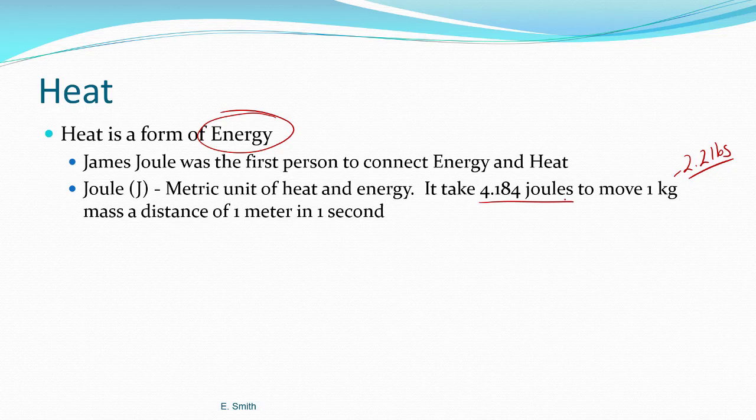So it takes 4.184 joules to move a 1 kilogram or 2.2 pound mass a distance of 1 meter in 1 second.